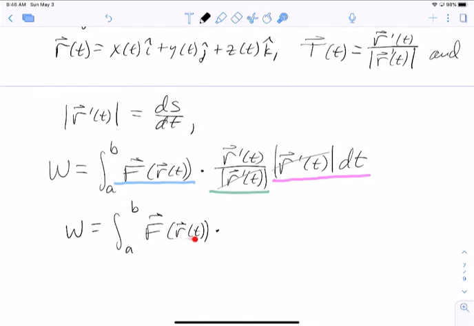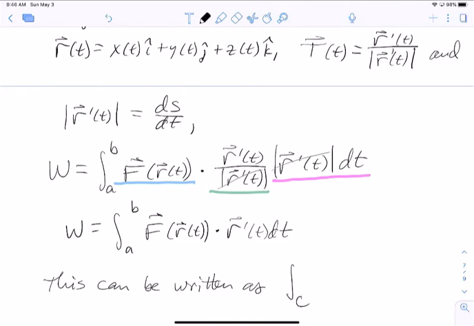What that's saying is that the inputs for F have been parameterized. But we've got F of r of t dot r prime of t dt, which can be written as the line integral over C of F dot dr. That is an expression we are going to see an awful lot.